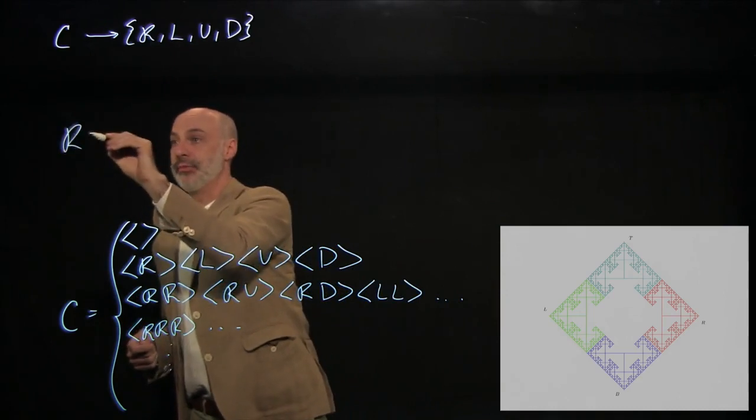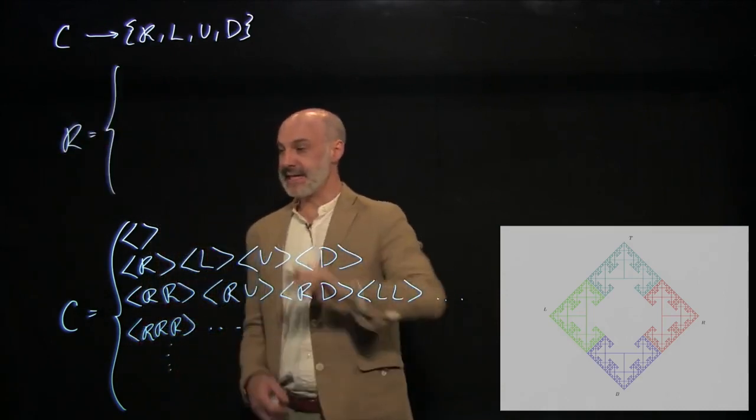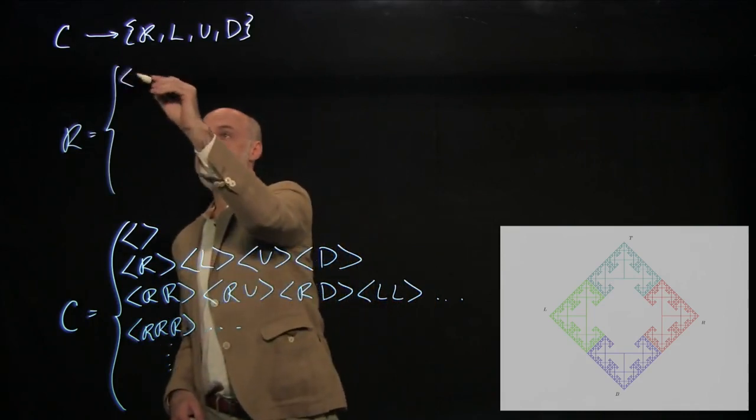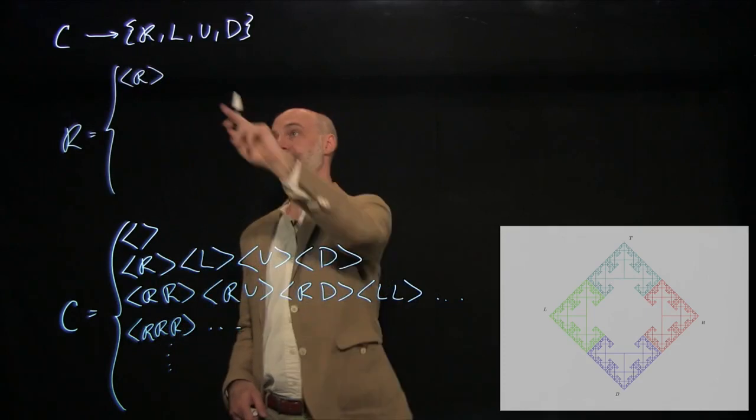So right, for example, is the subset of C that consists of all paths that have right as their first step.